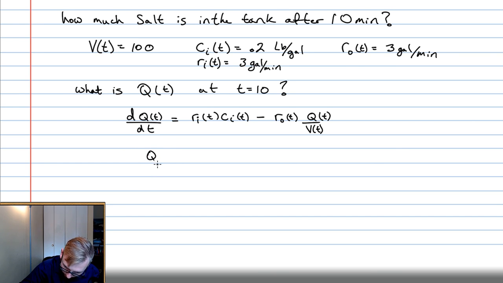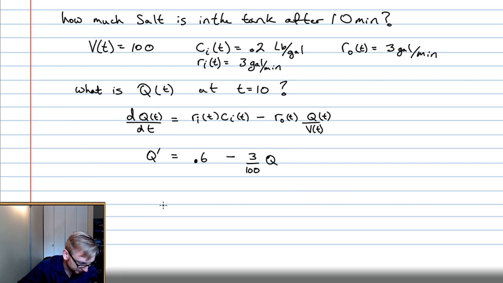Well, Q prime is the same as dQ over dt. R_i times C_i is what? 0.6. 0.6. And our rate out is 3. Our volume is 100, so we're just going to write 3 over 100. And Q is our quantity of salt.